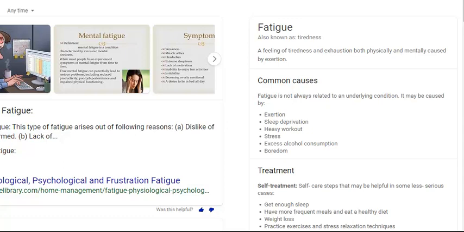You've actually overused it, and you're going to have to recharge your muscle. But psychological fatigue is where you can't get your muscles to work because you are bored, or you are drunk, or you're stressed out. It's like, I can't do it. My muscles will not do it. My brain will not do it.